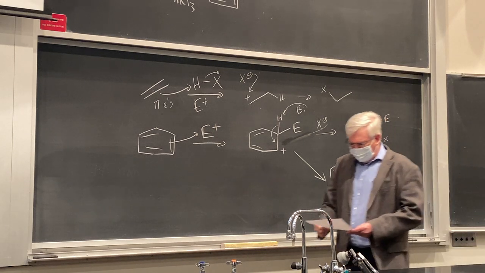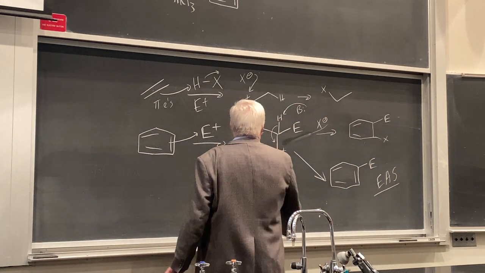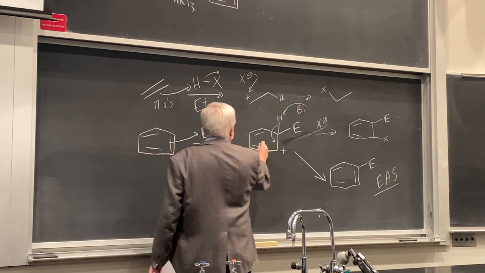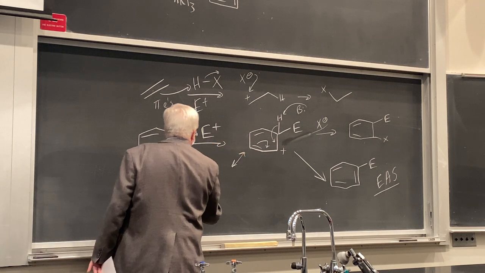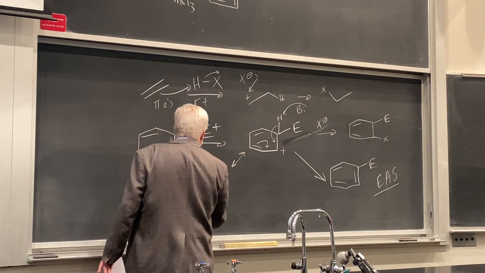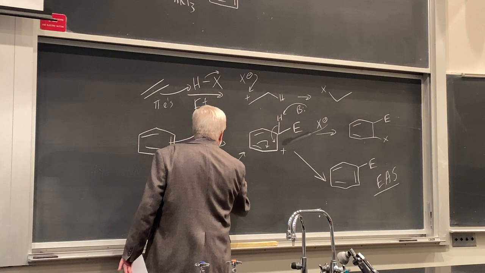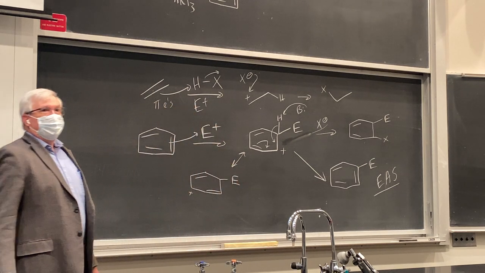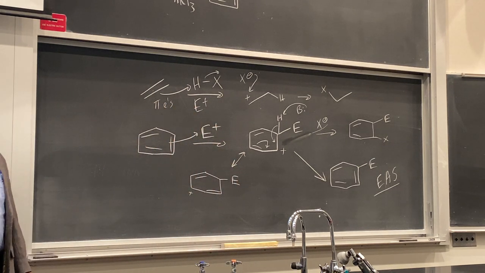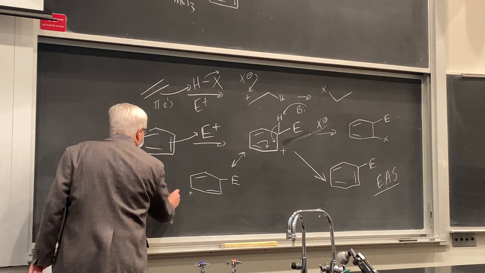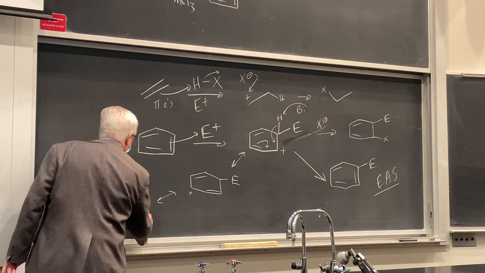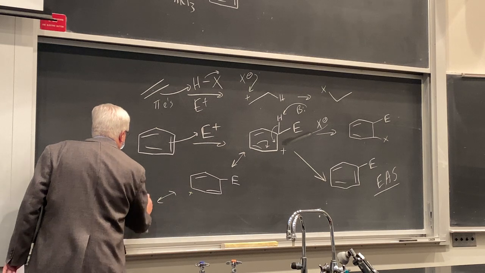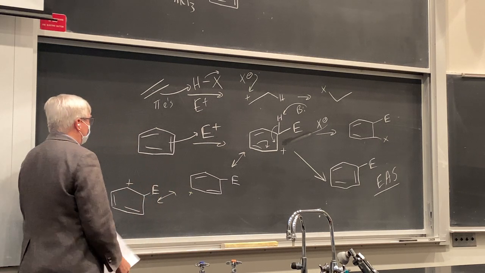So that's the main difference. The other thing to look at here, resonance stabilization of that intermediate, allylic cation. We can draw a lot of resonance structures. And you should be able to do that and recognize that now, because we're going to use that later when we get into substitution.